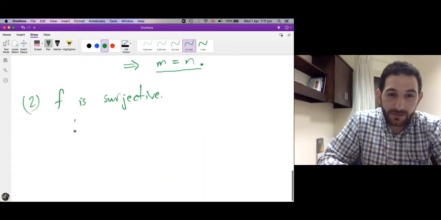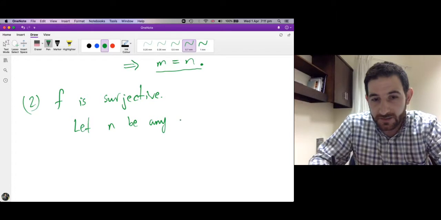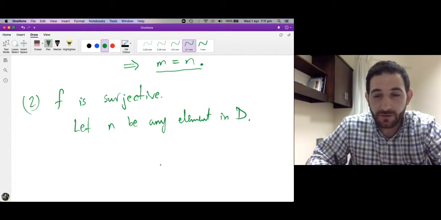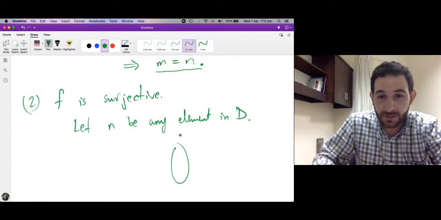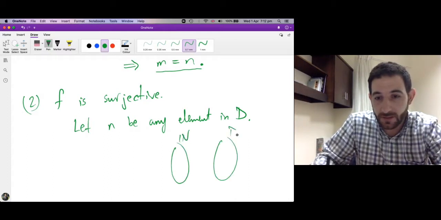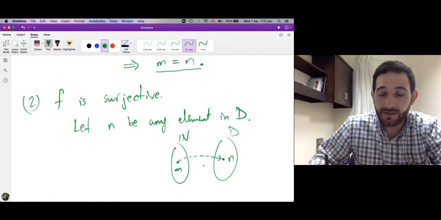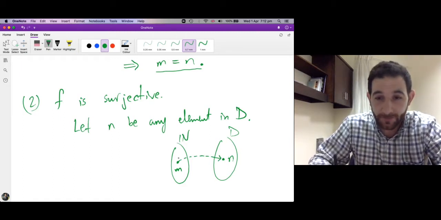So let n be any element in D, which is the set of positive odd integers in this question. We need to find some pre-image m whose image is n. This is the surjectivity. Every element in the codomain has at least one pre-image.